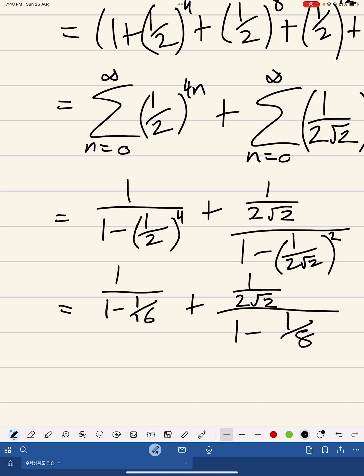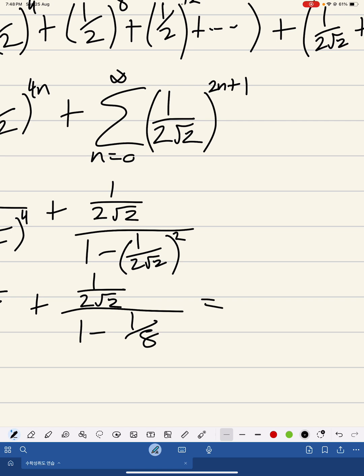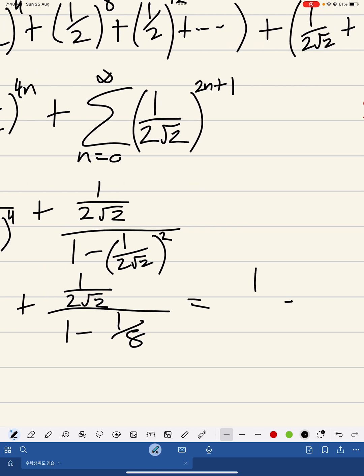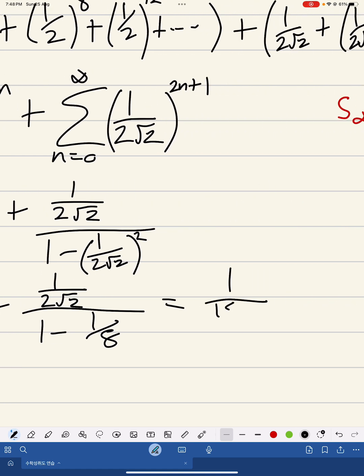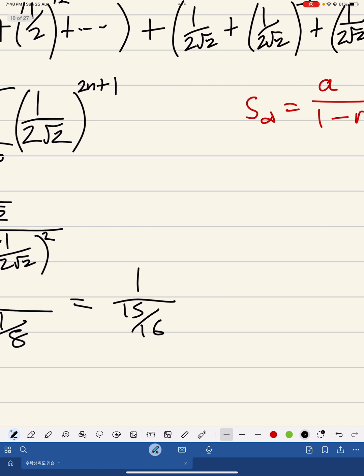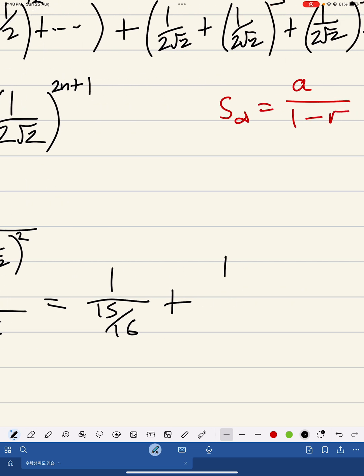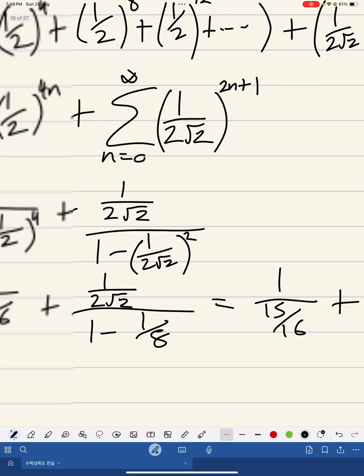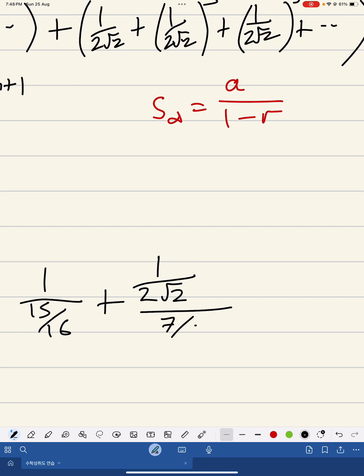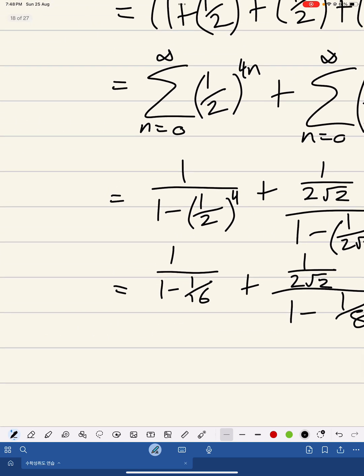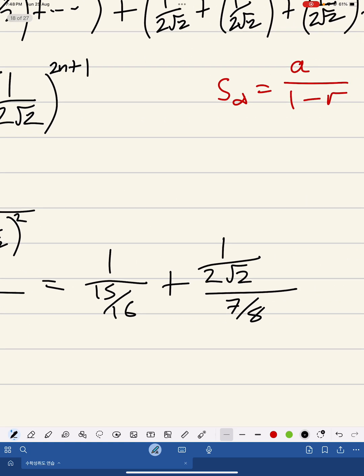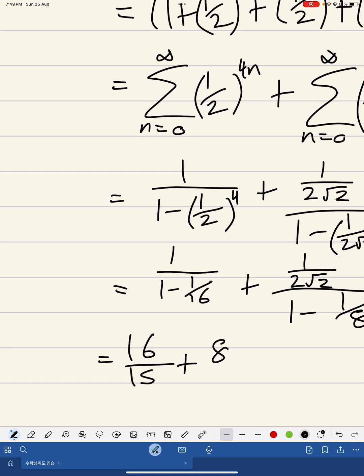So this can be written as, I'll write it on the side, 1 over 1 minus 1 over 16 is 16 over 15, plus 1 over 2 root 2 divided by 1 minus 1 over 8, which is 7 over 8, right? So we can rewrite this as the whole sum would be 16 over 15 plus 8 over 14 root 2.